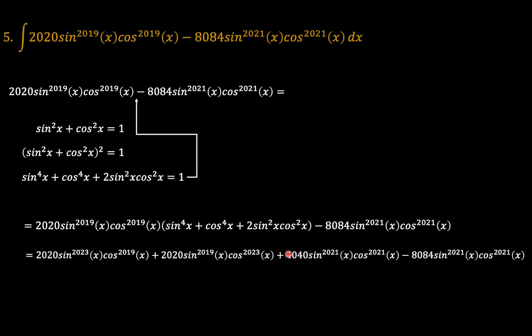And then this third term now combines to 40,040 sine to the power 2021x cosine to the power 2021x. Now you see these second, last, and last terms have the same powers all through. So this one now reduces this constant 8084 down to 4044. Right?